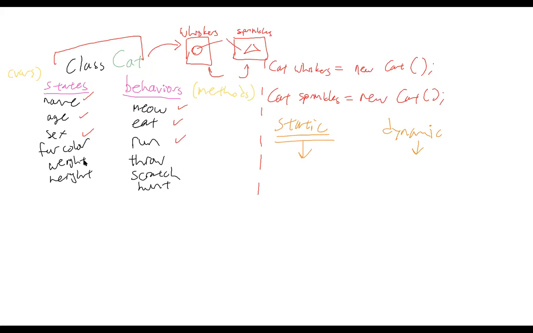So suppose we have a Boolean of isFeline, and we have this set to true, and it's static. This means that anytime we create an instance of Cat, this will always be set to true. Let's say we decide, oh, Sprinkles is not a feline. We set it false for Sprinkles. Well, it's going to be false for Whiskers as well.